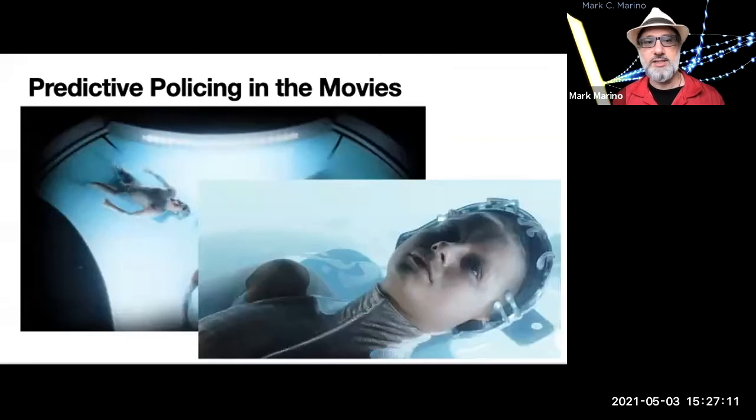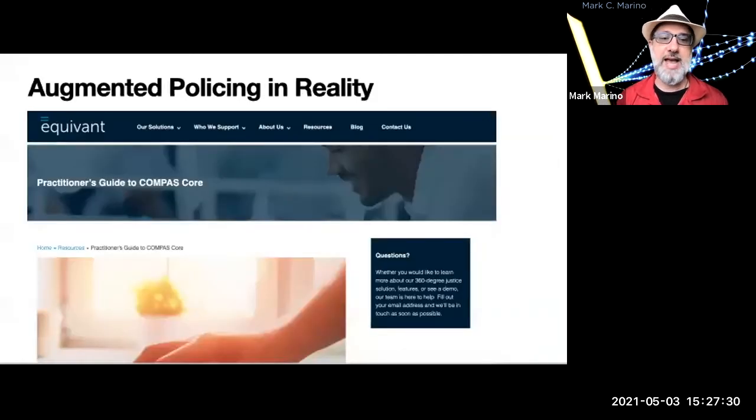In the movies, as in these shots from the Minority Report, the film, to do predictive policing, you must lay a white person in a pool and attach some electrodes to their head. In reality, it looks like a suite of software with a friendly, inviting homepage.